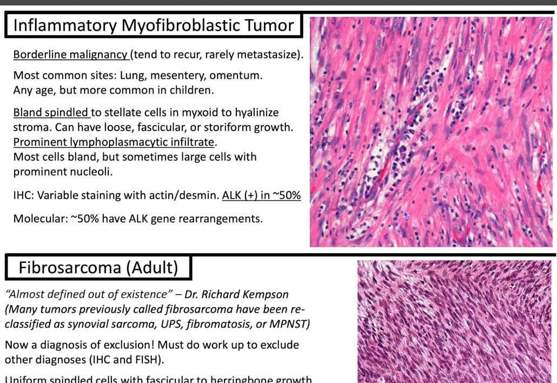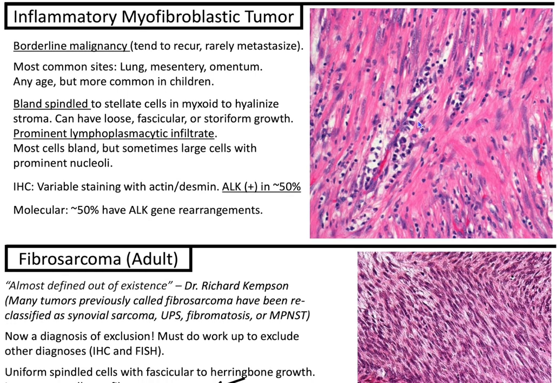Most cells are bland, but sometimes you might have large cells with prominent nucleoli. If you're unsure, you can order an ALK and it can be positive. However, it's very important to note that even if ALK is negative, you can still have an IMT, as only 50% or so are positive for ALK.